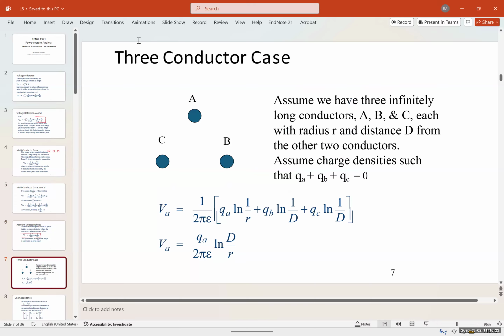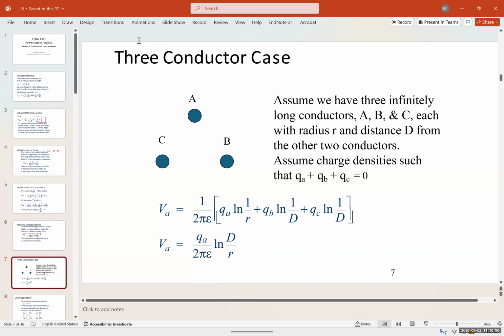Now, this is a visualization of what we spoke about. Assume we have a three-phase system, so we have 3 wires running in parallel to infinity with fixed distances, and by the way, this is very important. Assume we have 3 infinitely long conductors, A, B, and C, each with radius R and distance D from the other 2 conductors.